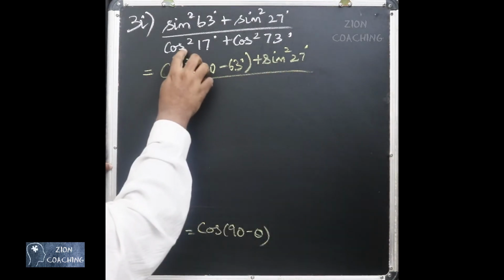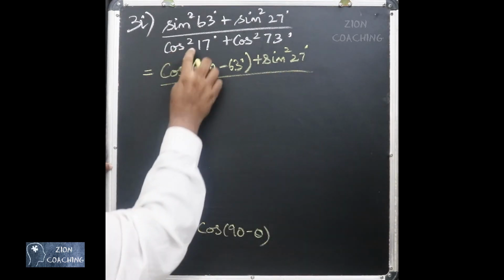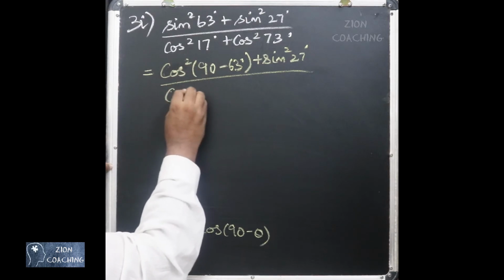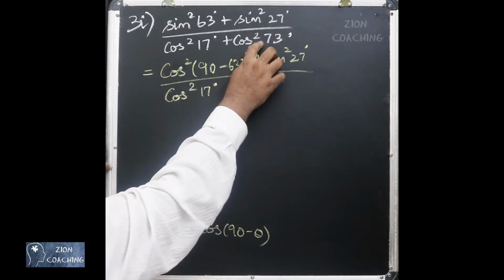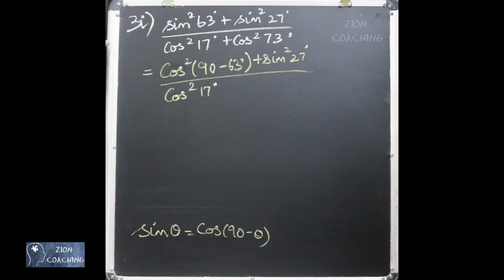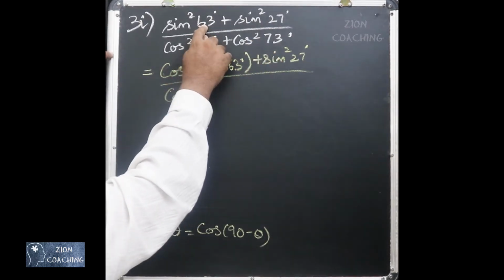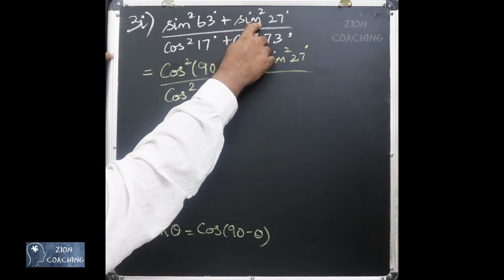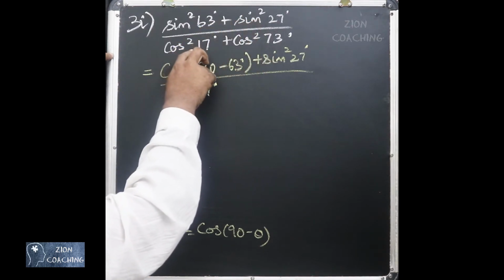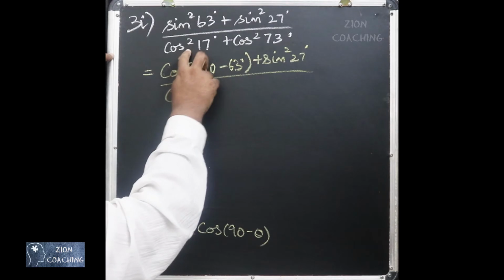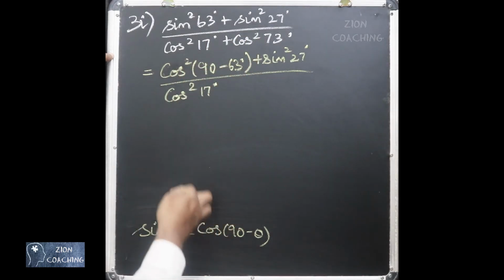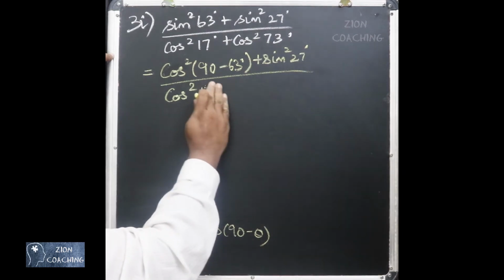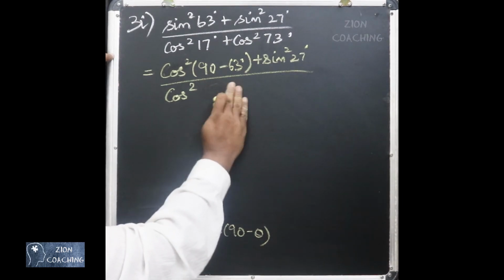Then in this, we have cos squared 17 degree. I am going to write this in terms of sin. You can do anything. You can just keep this as sin and turn this as cos, or change this as sin and keep this as cos. I am taking any one, that's all. So if you want, I will do the same here also.